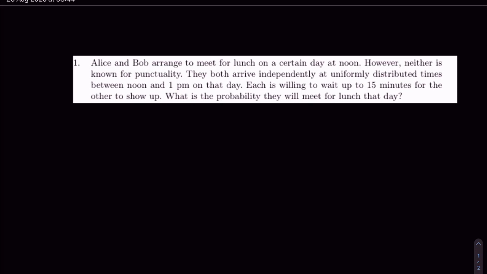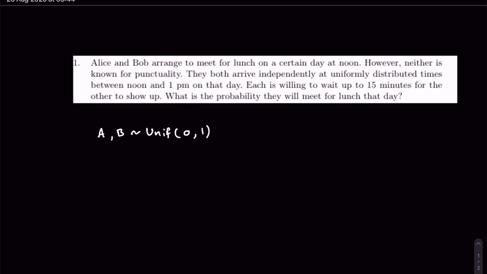Okay, so let's write out the information that we are given. Let Alice's arrival time be random variable A, and B be Bob's arrival time. We're given that they are arriving uniformly between noon, which is 0 here, and 1 p.m., which we set to 1.